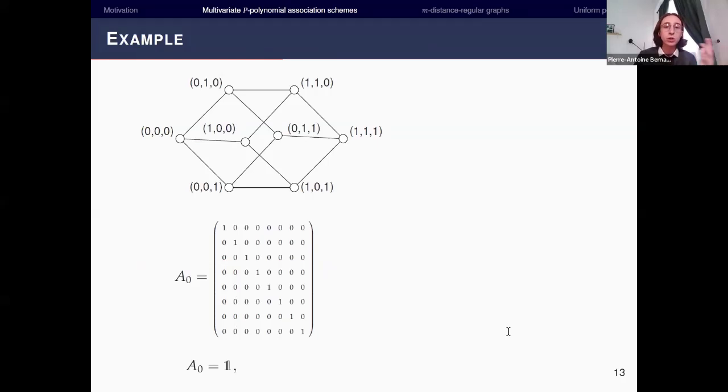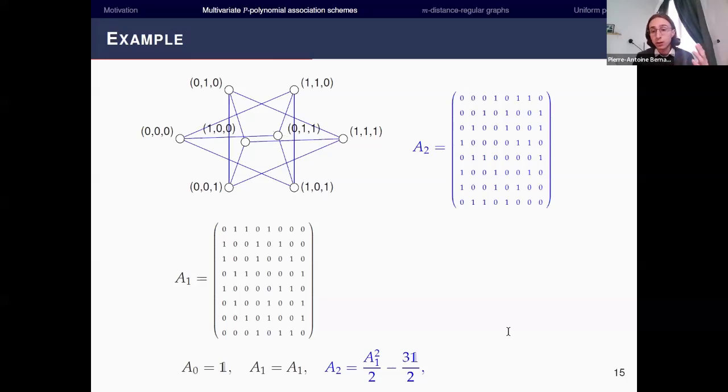So if we start with the cube, which is well known to be distance regular, obviously we take A0 to be the identity because it's a condition for an association scheme. A1, we take it to be the adjacency matrix of this cube. A2, we take it to be the adjacency matrix connecting vertices at distance 2 in the graph, and you can see that it's a polynomial of degree 2 in A1.